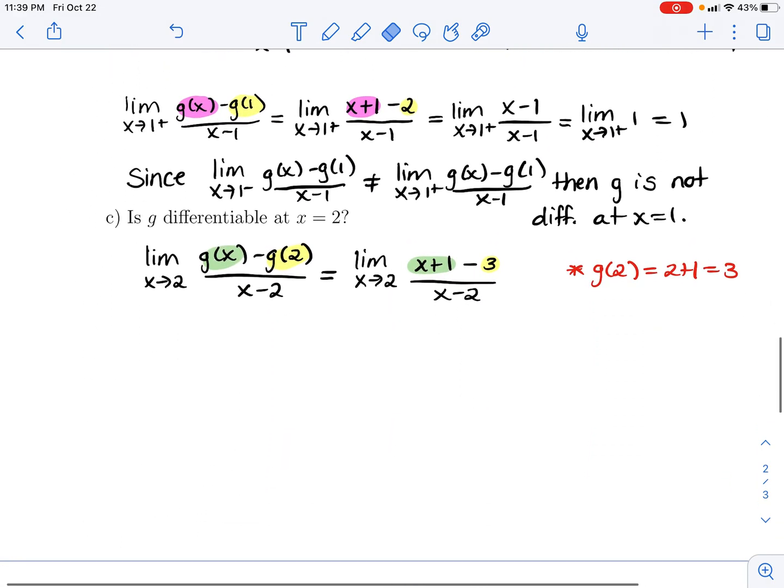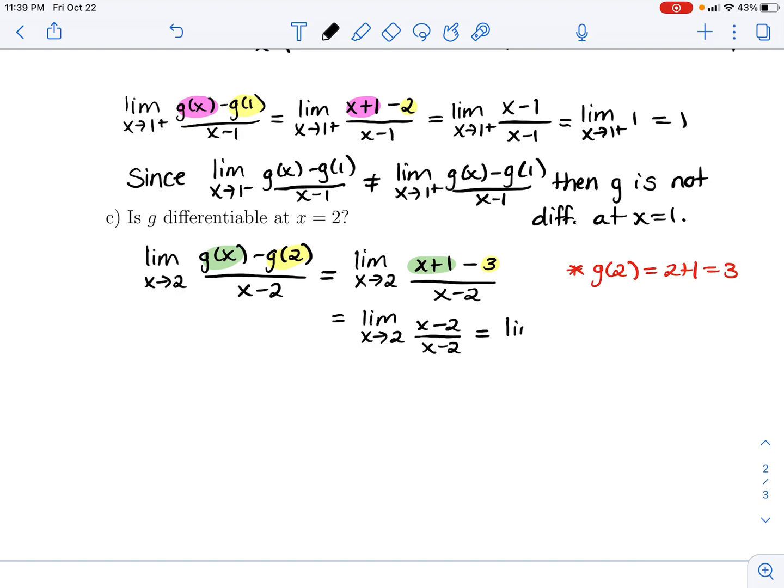Okay, and then now when I simplify, right, I'm just going to get that this is the limit as x approaches 2 of (x minus 2) divided by (x minus 2). And so, again, like we said before, this is just going to be 1, which is 1. Okay, so since the limit exists, right?